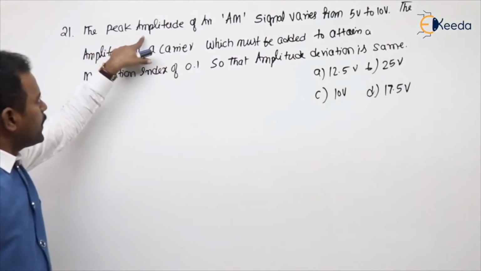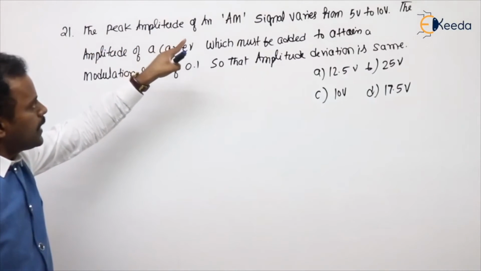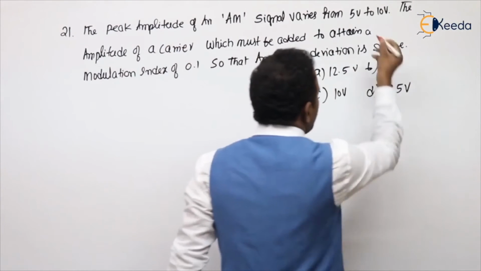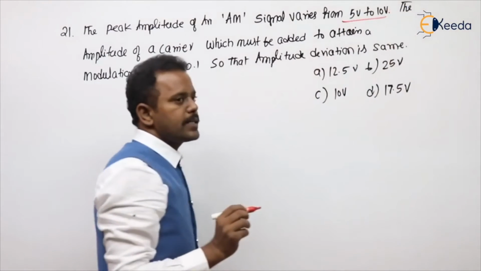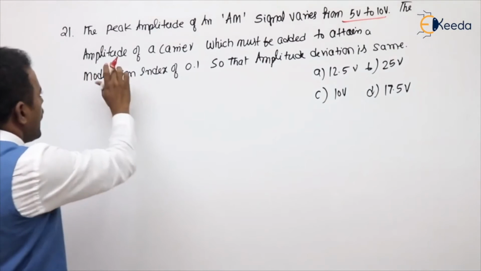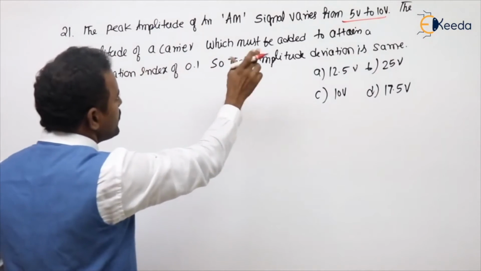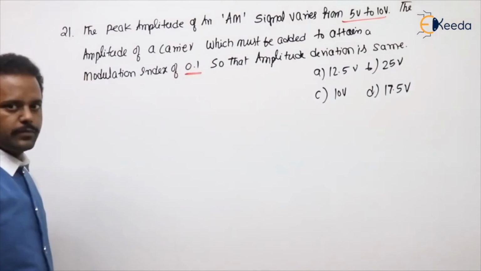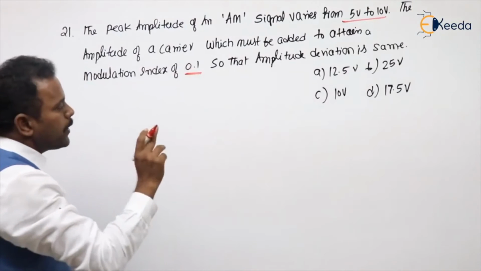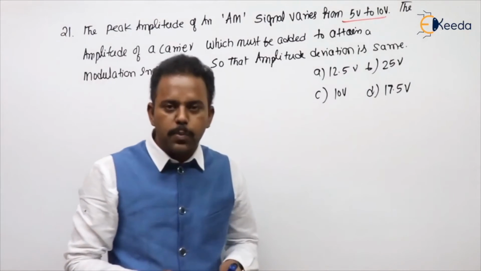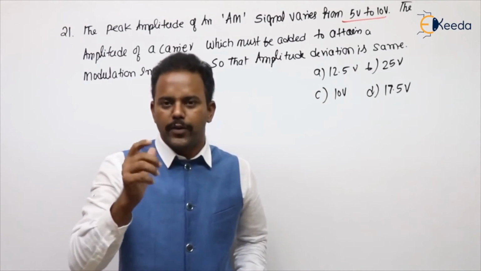The peak amplitude of an AM signal varies from 5 volt to 10 volt. Peak amplitude means A max and A min. So A min is 5, A max is 10. The amplitude of carrier which must be added to attain the modulation index of 0.1, so that the amplitude deviation is the same. First of all, I will explain amplitude deviation.